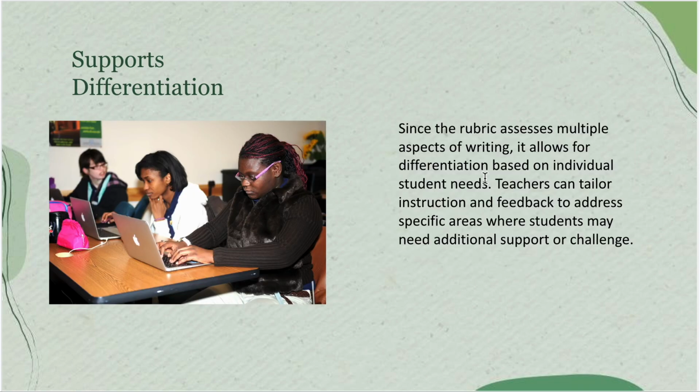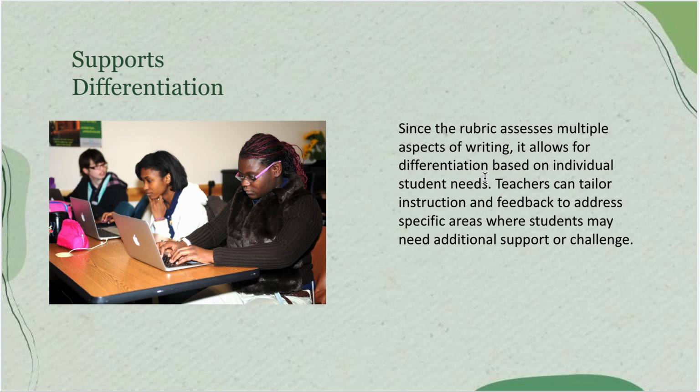And then we have supports for differentiation, which is always a struggle when it comes to writing. The rubric allows for a larger lens to look through in order to see areas of growth and areas of support for students. With its breakdown of each section, you can distinguish if a student is having issues with content or maybe it's with word choice. And then you can go ahead and provide the necessary supports.